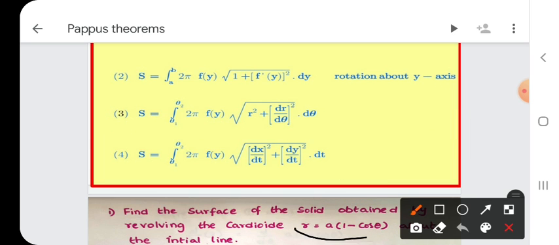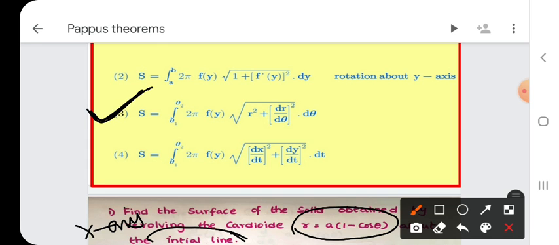Our given equation is in polar form. What is that? R equals a into 1 minus cos theta. And this curve revolves about the initial line. Initial line means x-axis. So in polar form on the x-axis, the surface of revolution formula is S equals integral theta 1 to theta 2, 2 pi f of x root r square plus dr by d theta whole square.